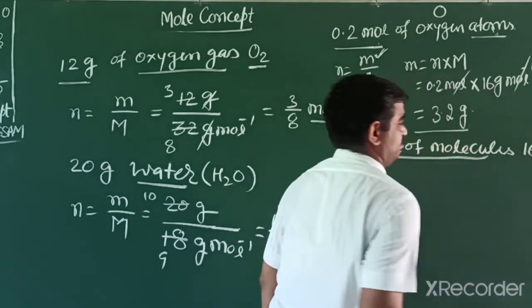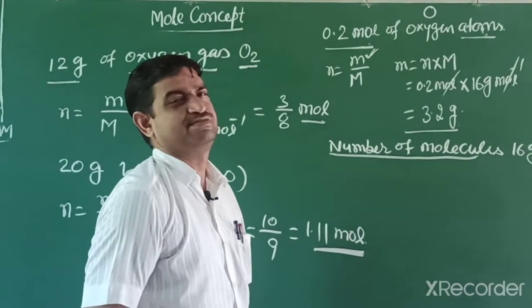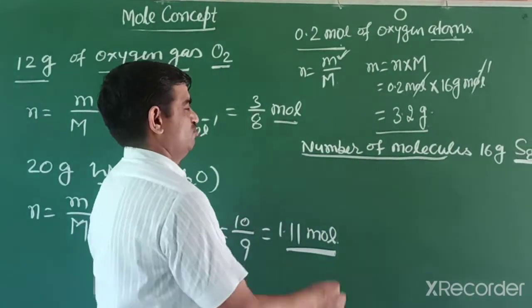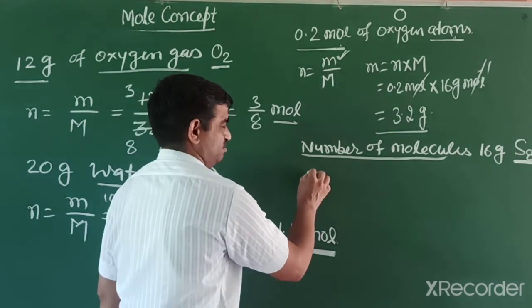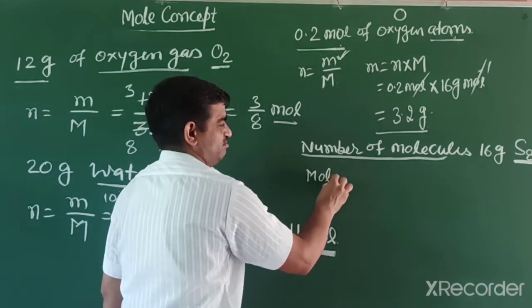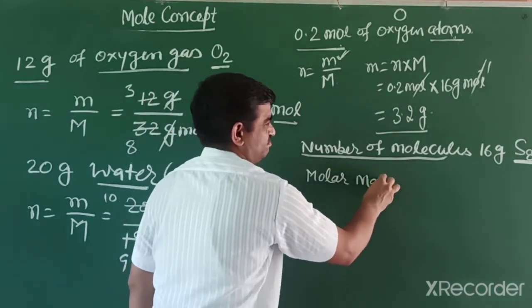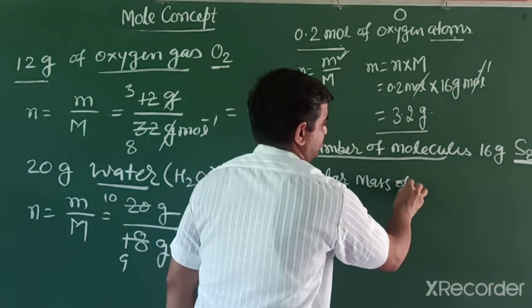Students, sulfur is like S8. So at first we find the molar mass of sulfur.